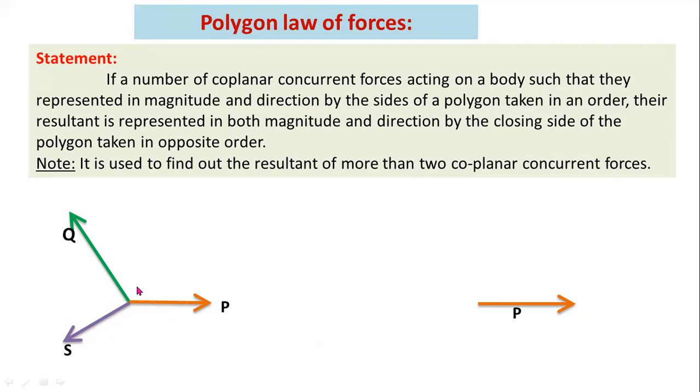Here I am taking force Q. So you can observe again, this second force Q makes an angle theta with respect to the horizontal. And now I am taking this force S here.